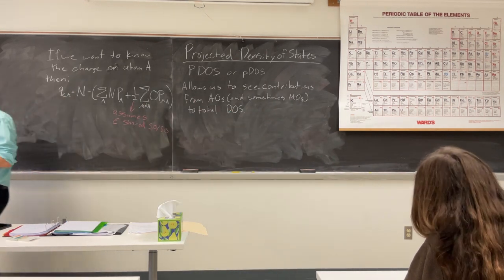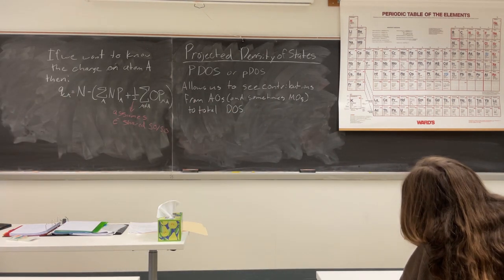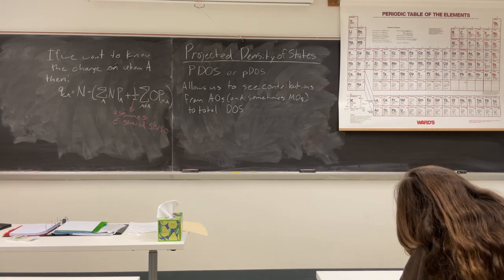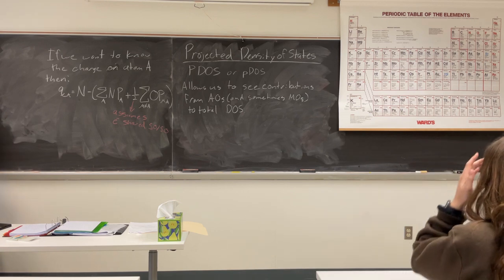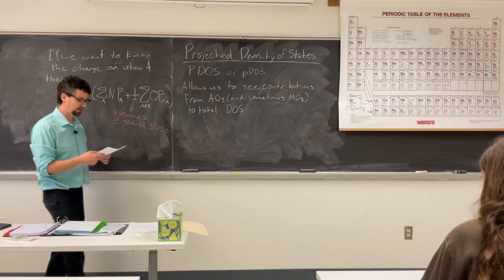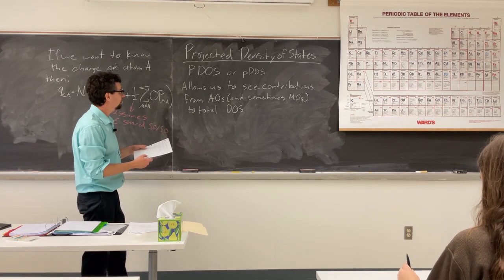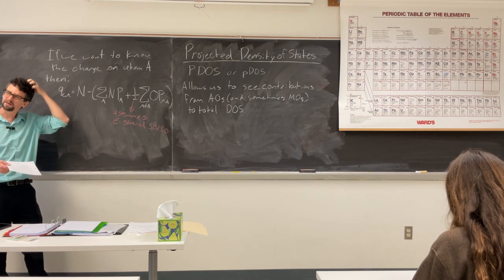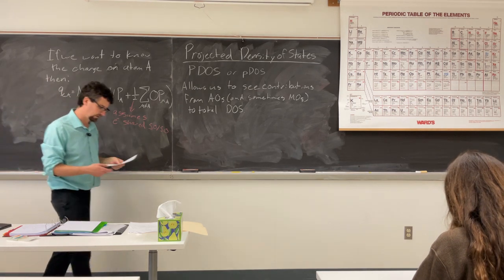So the way you do this is you partition the DOS from contributions from the basis set. Different codes do this differently. I don't really want to get into the specifics of it, but you can think about it sort of related to those coefficients that we were looking at. It can use some sort of math similar to that.